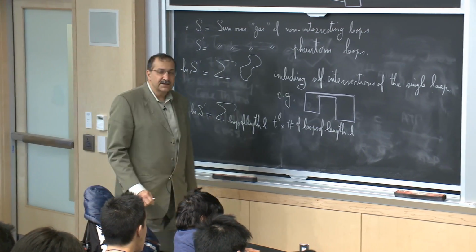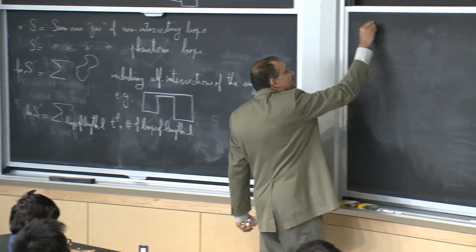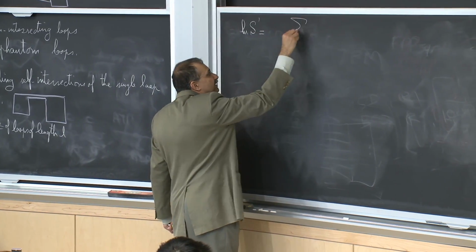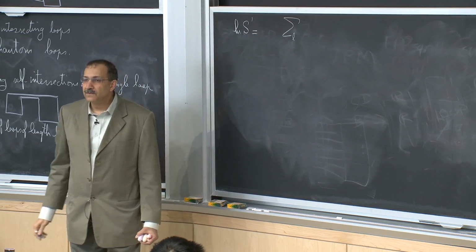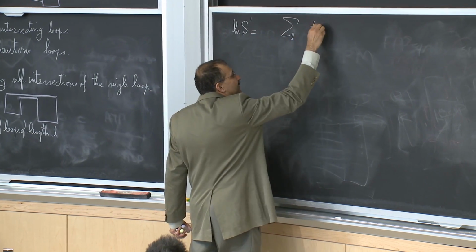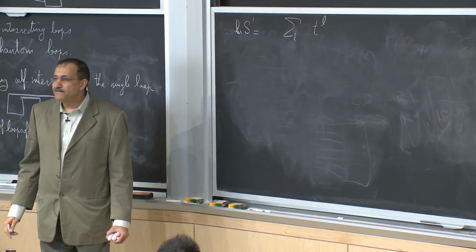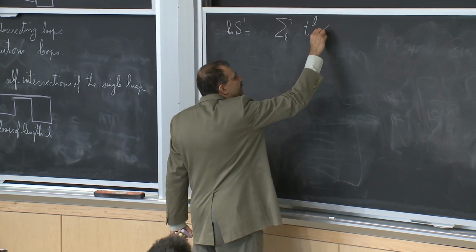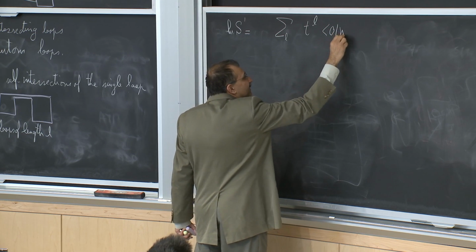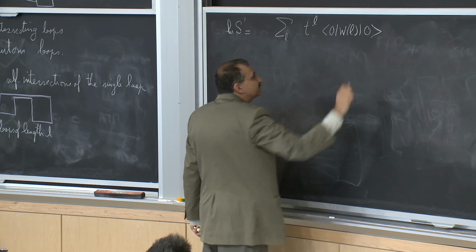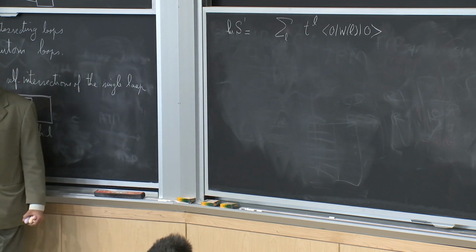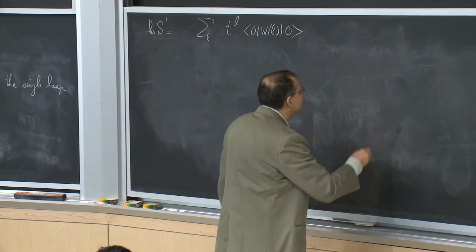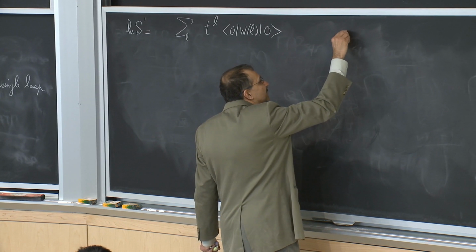And this I'm going to write slightly differently. So I'm going to say that log of S prime is sum over this length of the loop. All loops of length L are going to contribute a factor of t to the L. And I'm going to count the loops of length L that start and end at the origin, and I'll give that a symbol W_L^{00}. Actually, very soon, I will introduce a generalization of this. So let me write the definition.